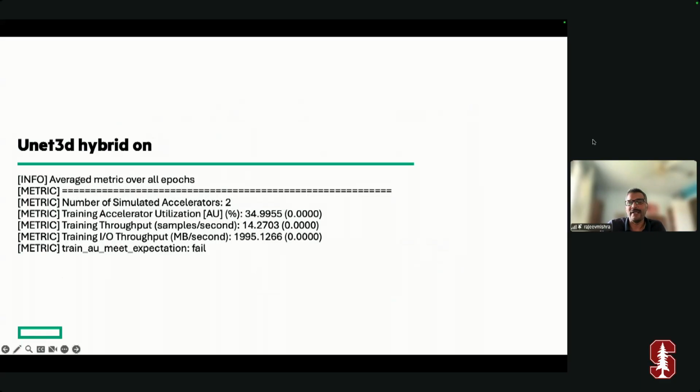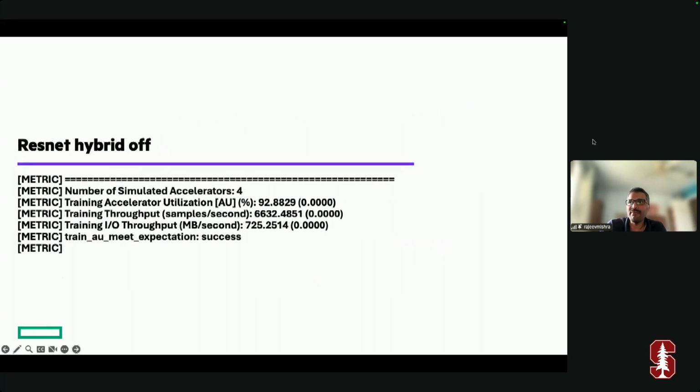I was expecting that because Unet 3D was very IO intensive, and I was seeing delays without hybrid turning on. So then I did it with ResNet 50, and here the workload was not that intensive. When we did hybrid off and on, they remained the same.